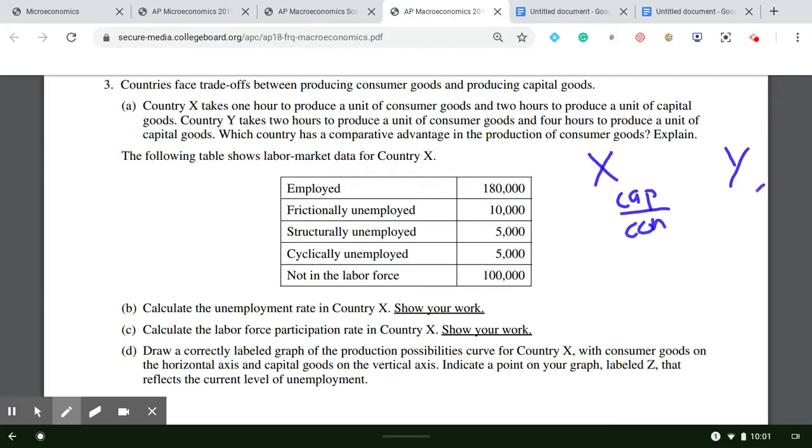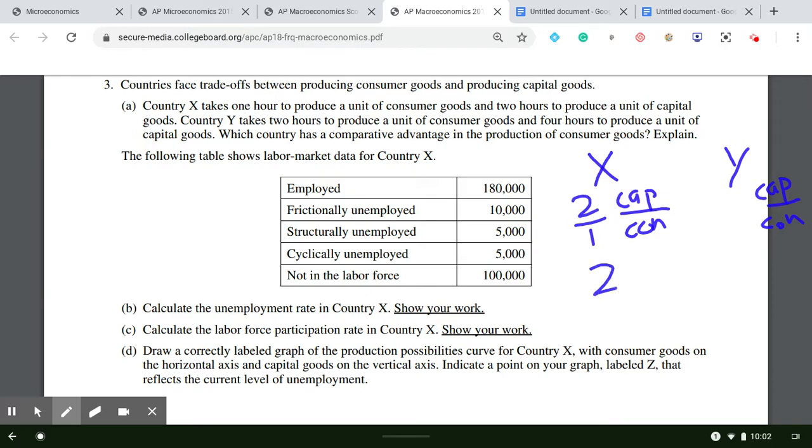Okay, so capital per consumer. Let's see for whom it's cheaper to produce consumer goods. Country X takes 1 hour to produce consumer goods versus 2 hours.